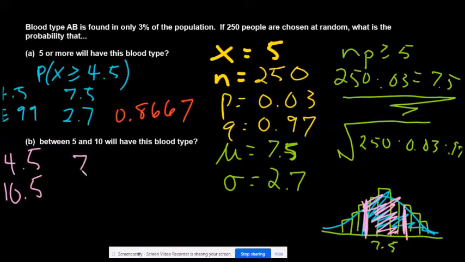My mu and sigma would be the same. Do that on your calculator, 4.5, 10.5, and we get a probability of about 0.7335 in between.